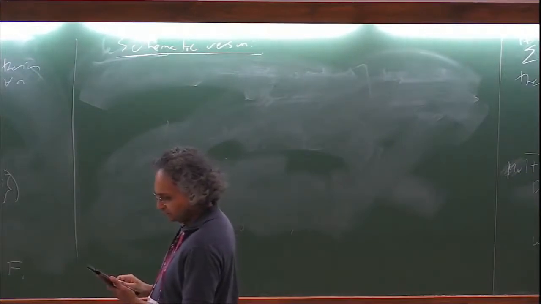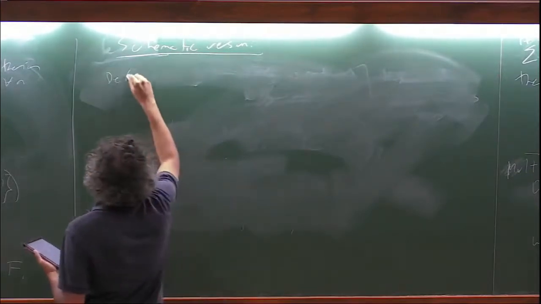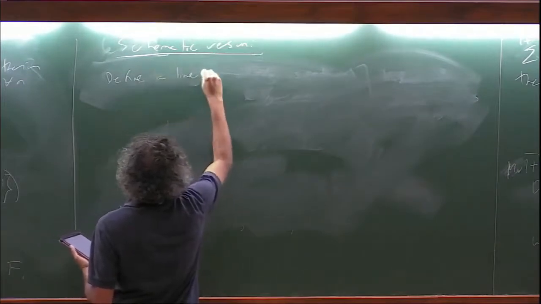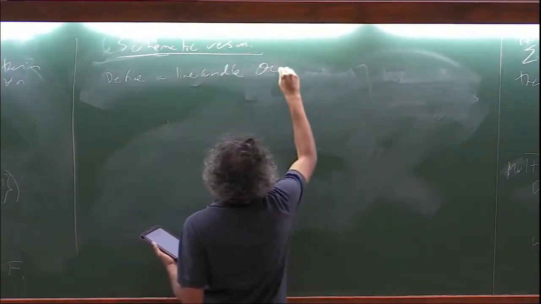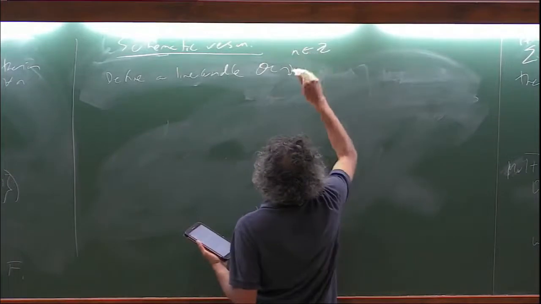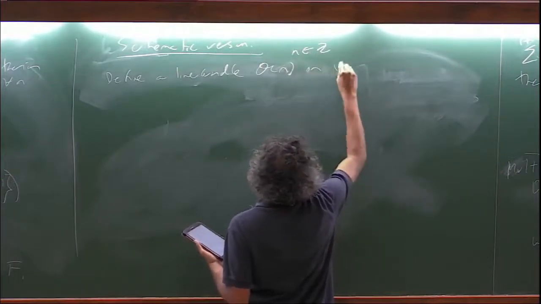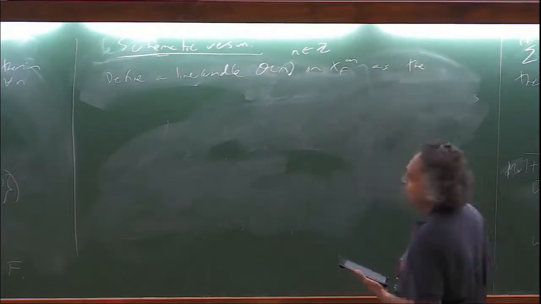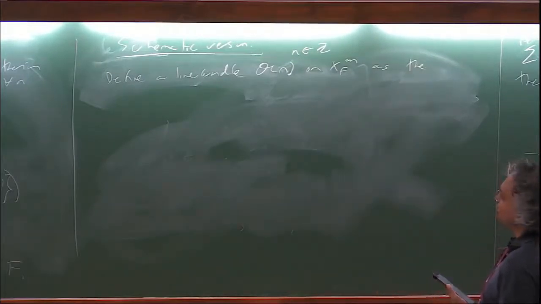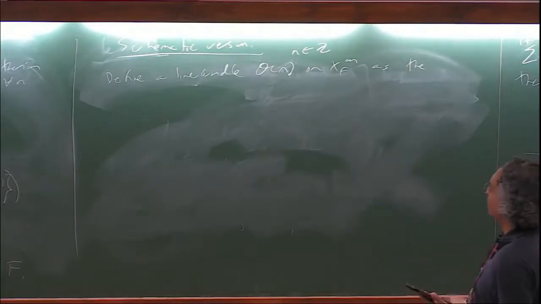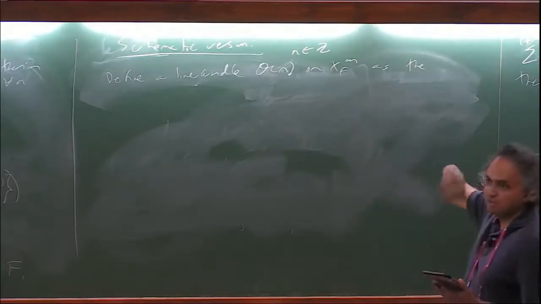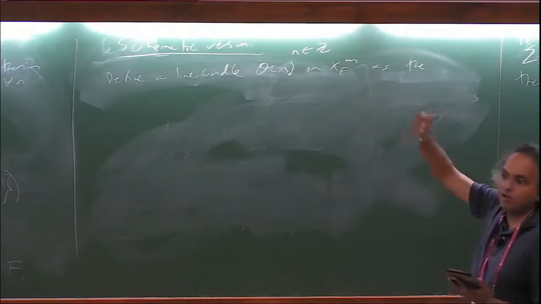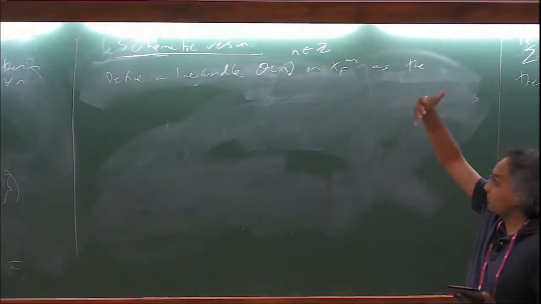So I'm going to define a line bundle, O of n, where n is an integer. I'm going to define the line bundle O(n) on X_F. Well, X_F is the quotient of Y_F by a free action of phi. So a line bundle on the quotient can be specified by giving an equivariant line bundle on the upstairs space.